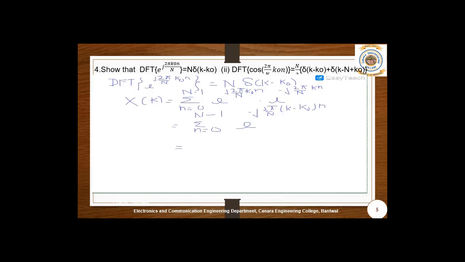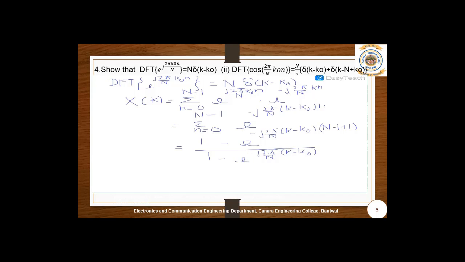It gives me 1 minus e to the power minus j 2 pi by n k minus k naught to the power n minus 1 plus 1, divided by 1 minus e to the power minus j 2 pi by n k minus k naught.